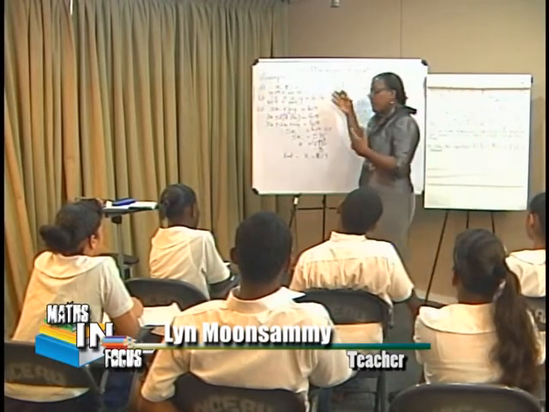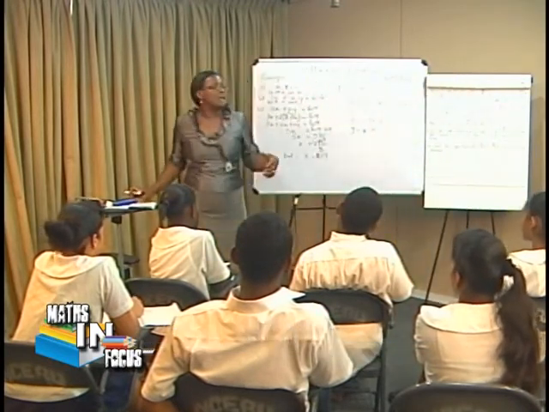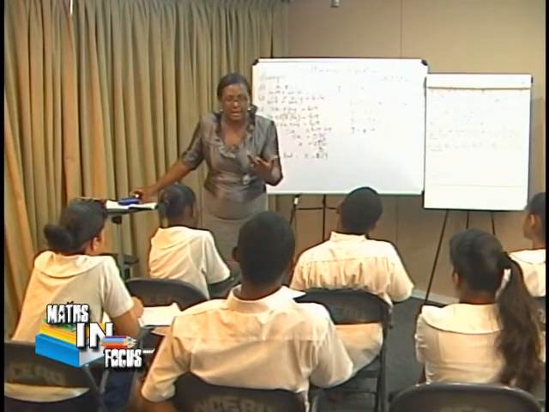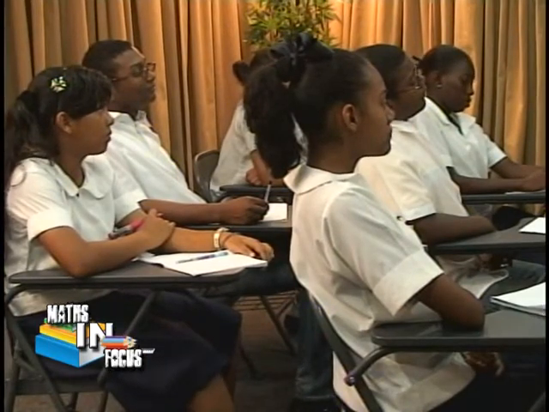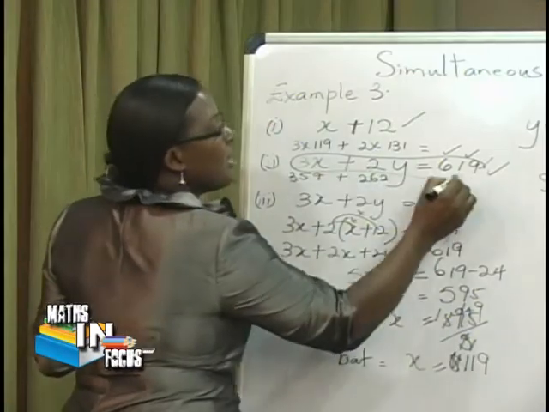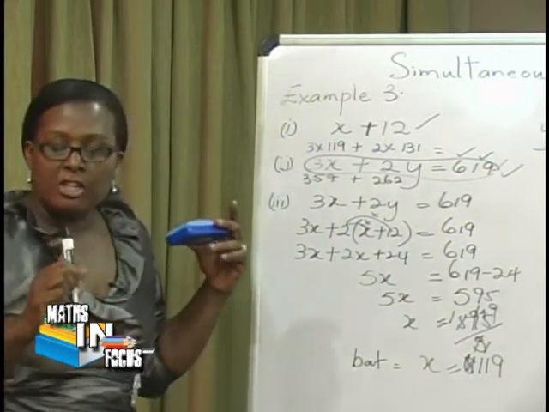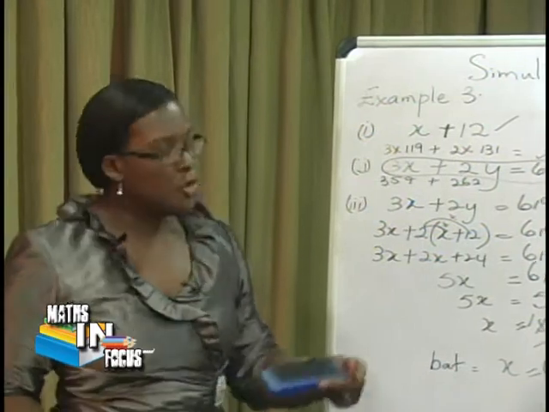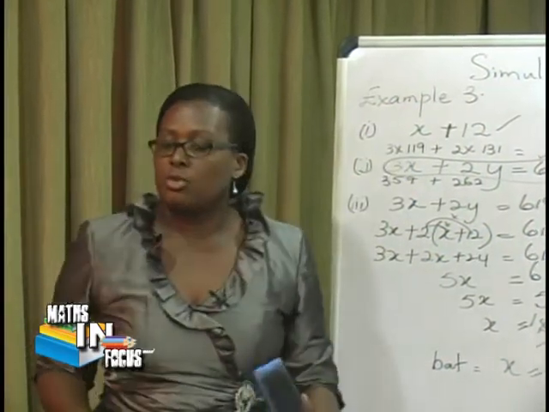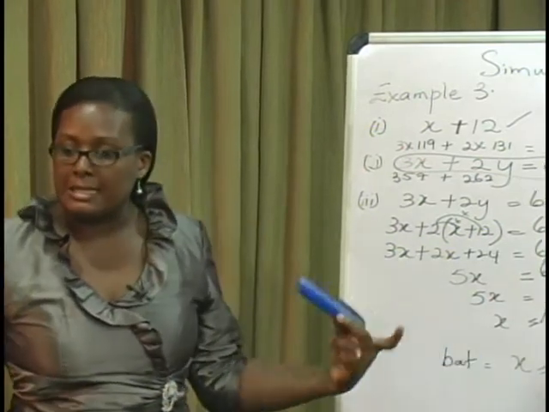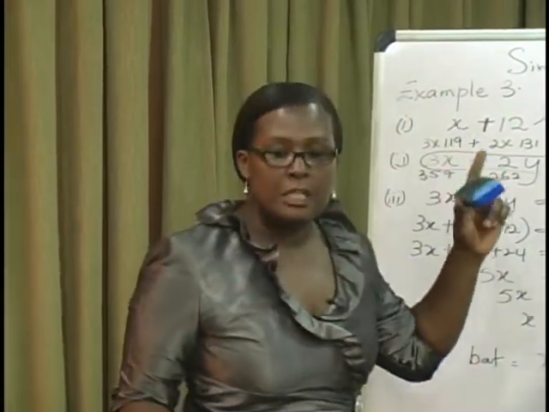We can either be given our equations, or we can be given worded form, which we read, comprehend, and then we extract. We make expression, and then we make an equation. First, you have got to read and comprehend, understand what is going on. You make your statements, and then you solve. And this method of solving the equations at the same time is called the method of substitution.